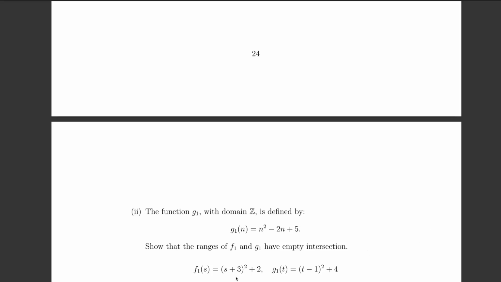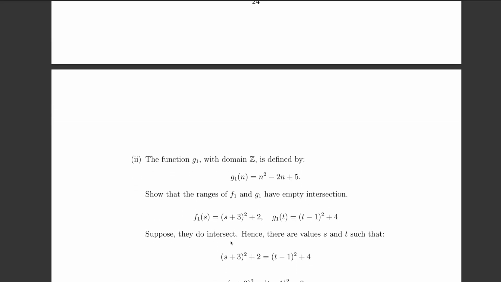Oftentimes when you're trying to prove that something never equals another thing, it's easier to prove it by contradiction, right? So let's suppose that they do intersect, which means that there are values for s and t such that this is true, such that the ranges do intersect.